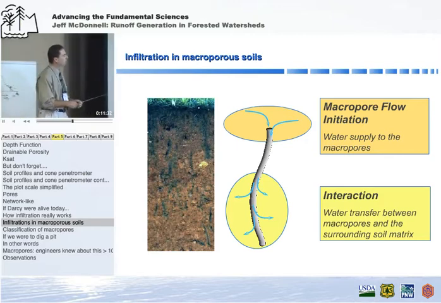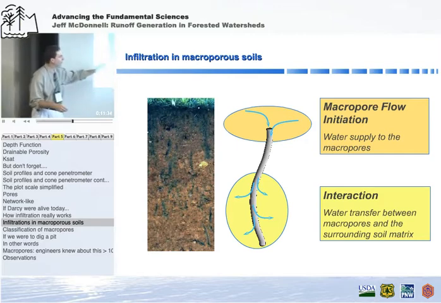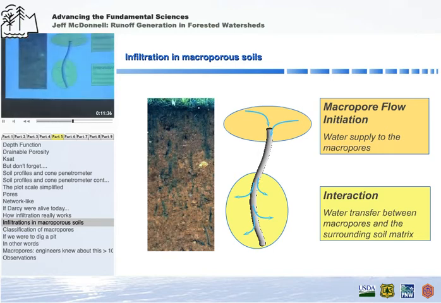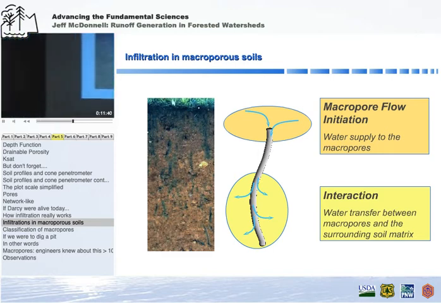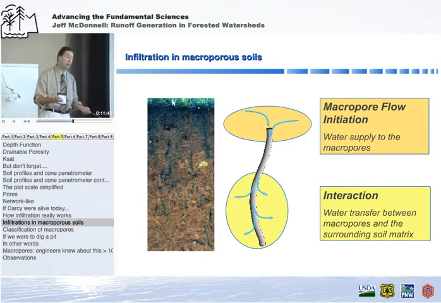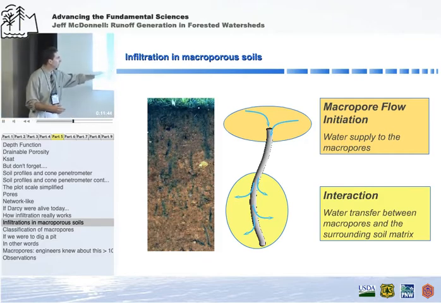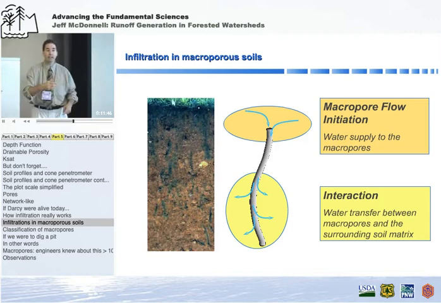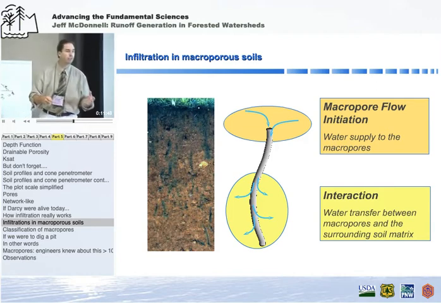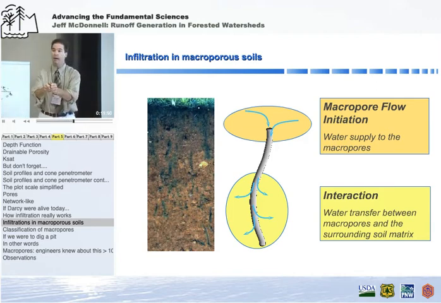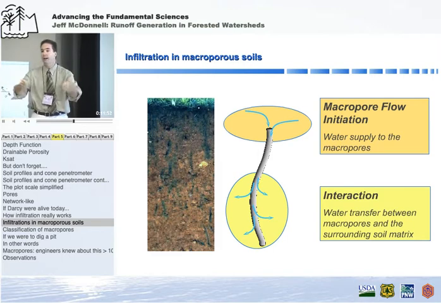One could have preferential flow features in that kind of setting where there's very little interaction maybe between water moving in these preferred paths and the surrounding matrix. Or you could have preferential flow in a much more well aggregated material, and there could be quite considerable interaction, both from the macropore out to the matrix and vice versa.